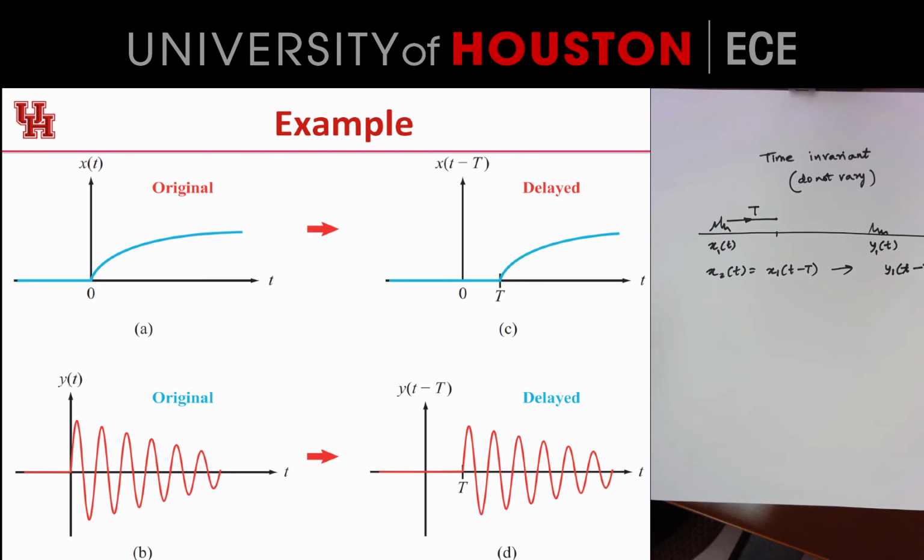Here's a nice example on your left. I have a signal, I move it by T, and the output is also moved by the same amount T. So this is a very nice, clean, simple picture whenever that works out.